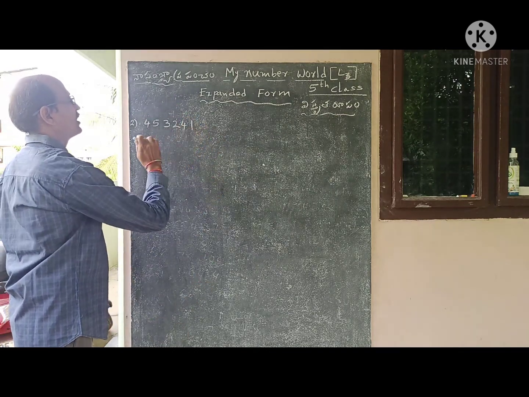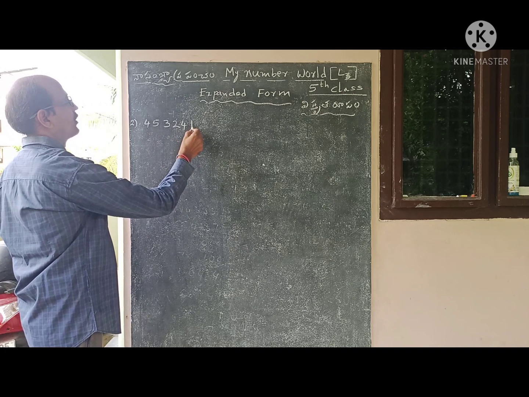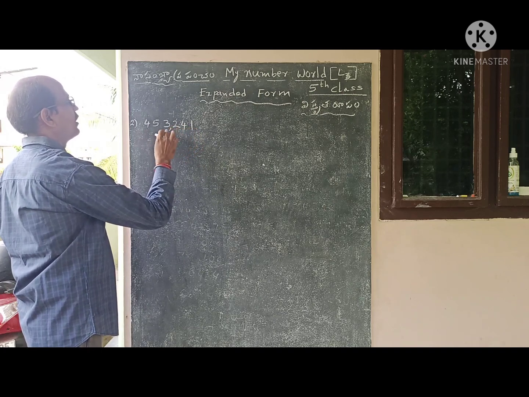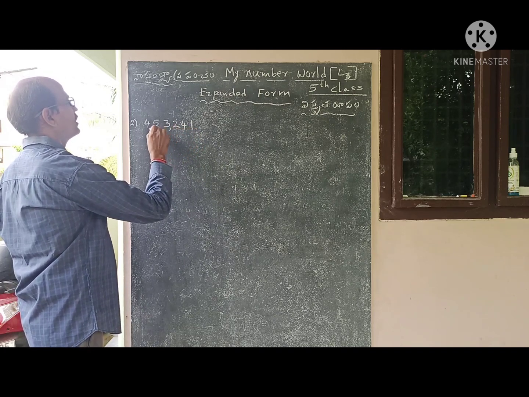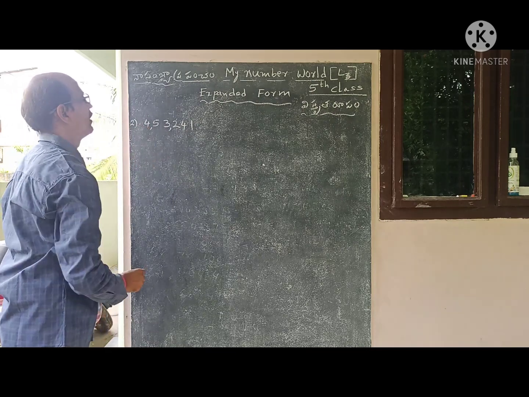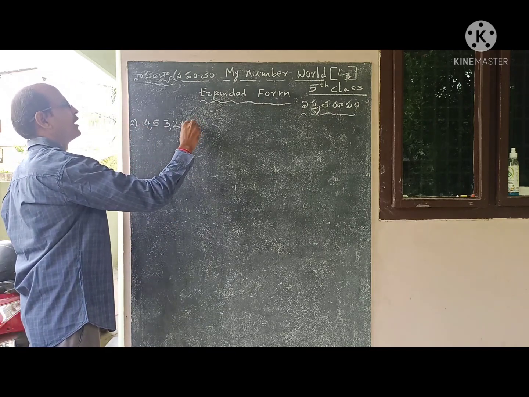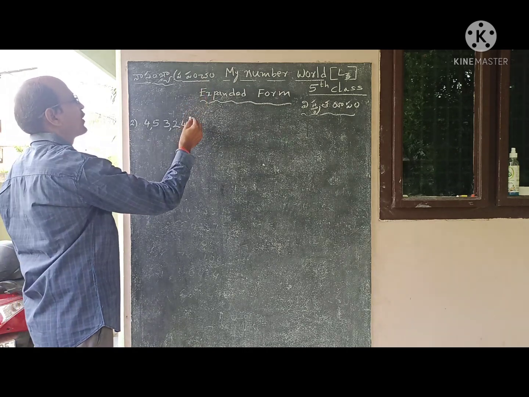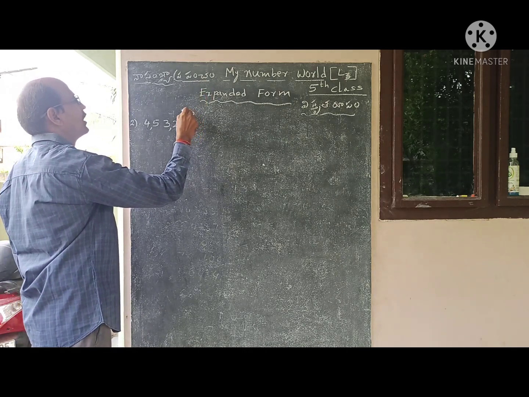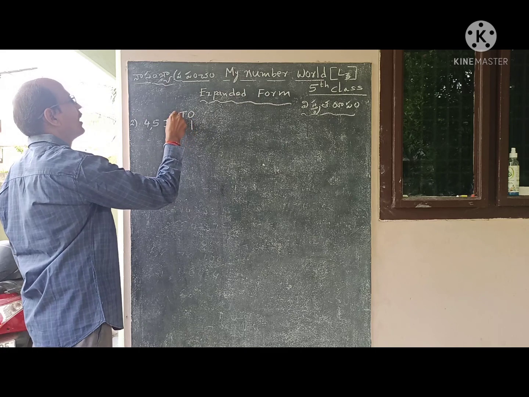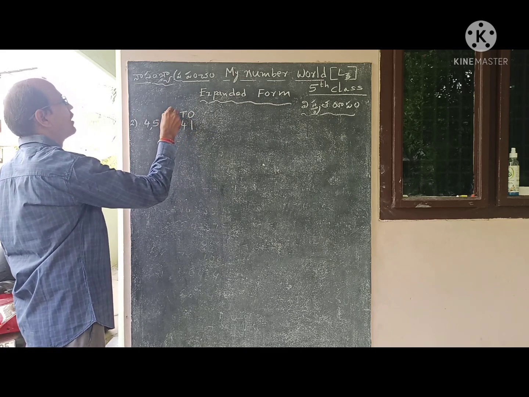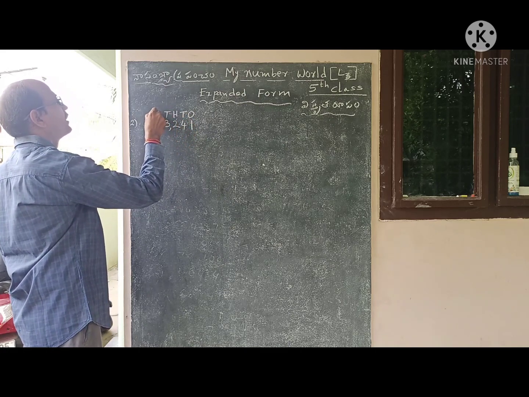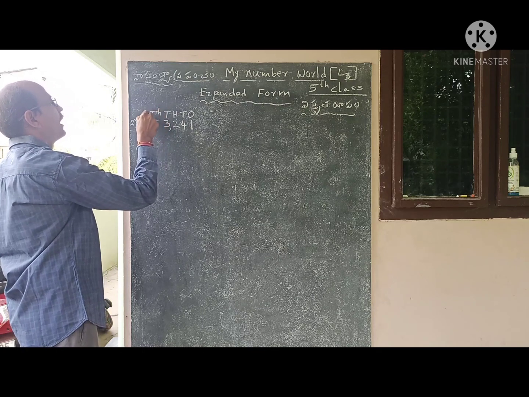Okay, first try to read this. Ones, tens, hundreds, comma, 1,000, 10,000, comma, lakhs. Write the abbreviations of the place values: ones, tens, hundreds, 1,000, 10,000, lakhs.